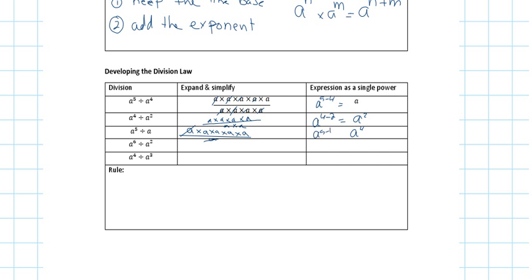All right, what would be the answer for the next one? 6 minus 2, so that's 4. 4 minus 3, that's 1. Okay? So you guys see the relation here?